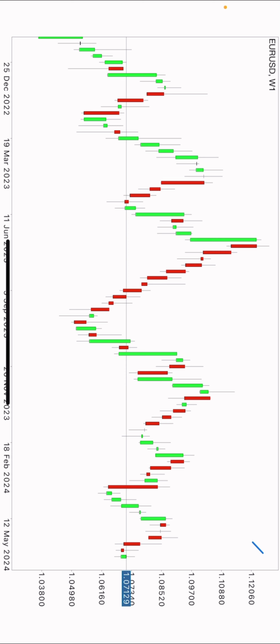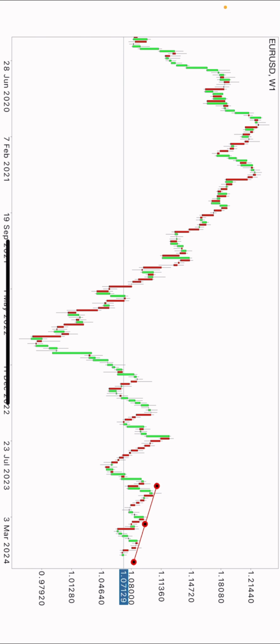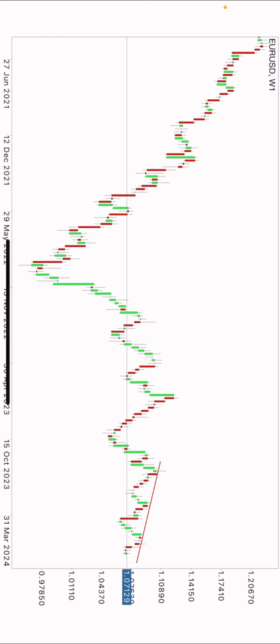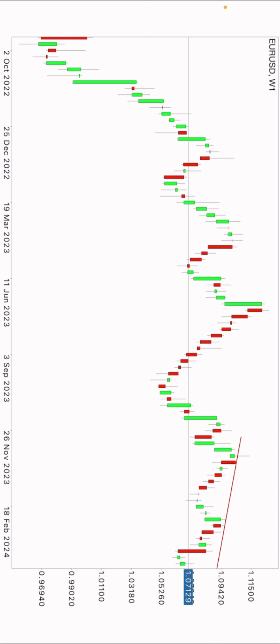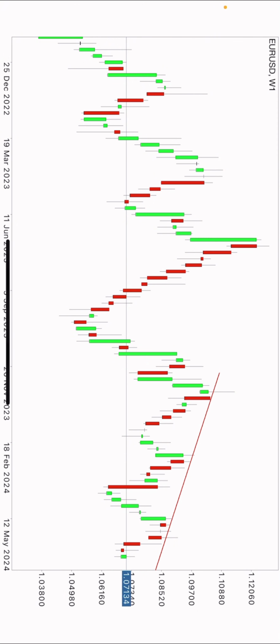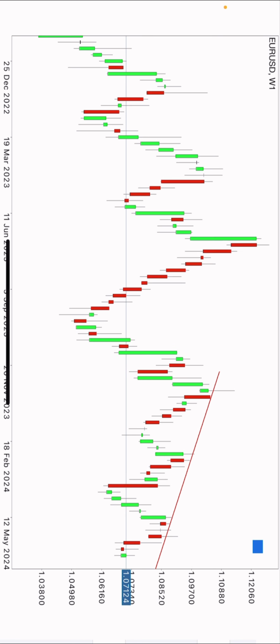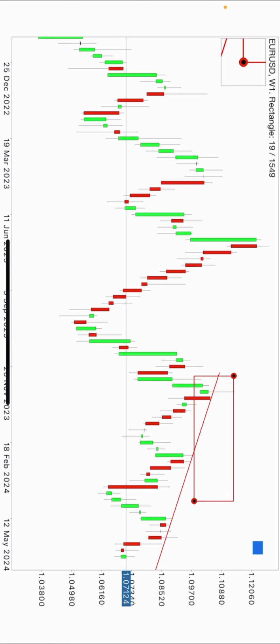Now, once all that is identified, look, we can now join our trend line perfectly, and it is a valid trend line. So how do you then take trades here? You will be taking trades also based on the zones here.